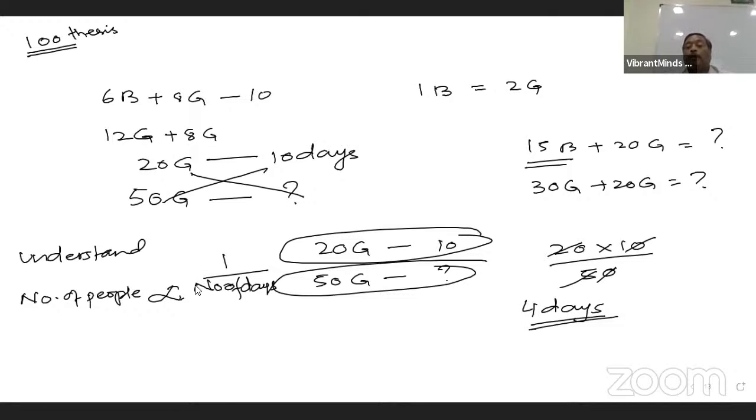Now let's go ahead. A alone can do a piece of work in 6 days. B alone can do it in 8 days. And it says, with the help of C, they complete the work in 3 days.